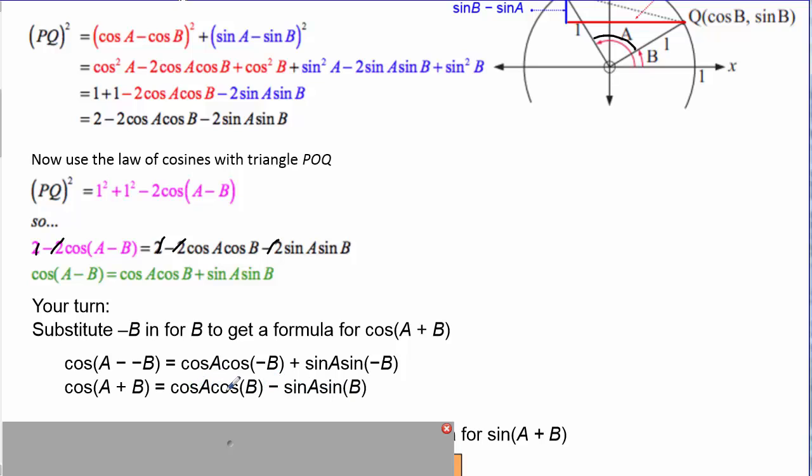And this stays cosine A cosine B. And so once again, cosine of A plus B, you get cosine A cosine B minus, again, the opposite sign from over here, sine A sine B.